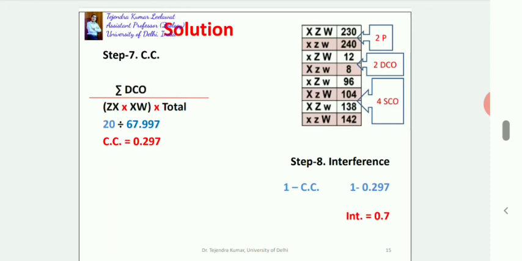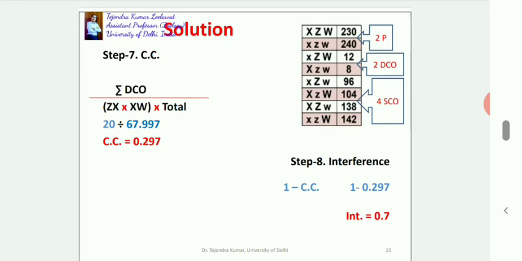So interference is 0.7. The overall conclusion is that interference is high, 0.7 on the basis of 1, right? And the coefficient of coincidence is about 0.3, right?